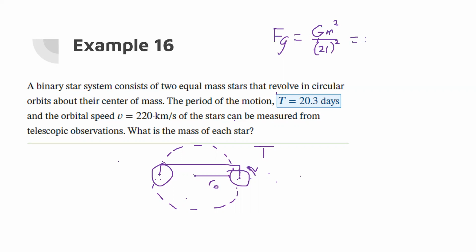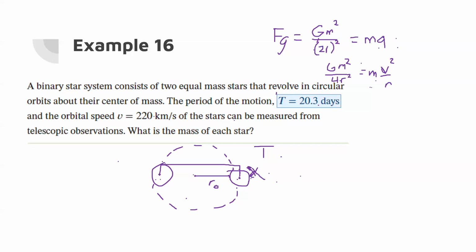And that's going to be equal to mass times the acceleration of this star. Since I know it's a circular orbit, I can approximate this acceleration as v squared over r. So m v squared over r equals G m squared over 4r squared.